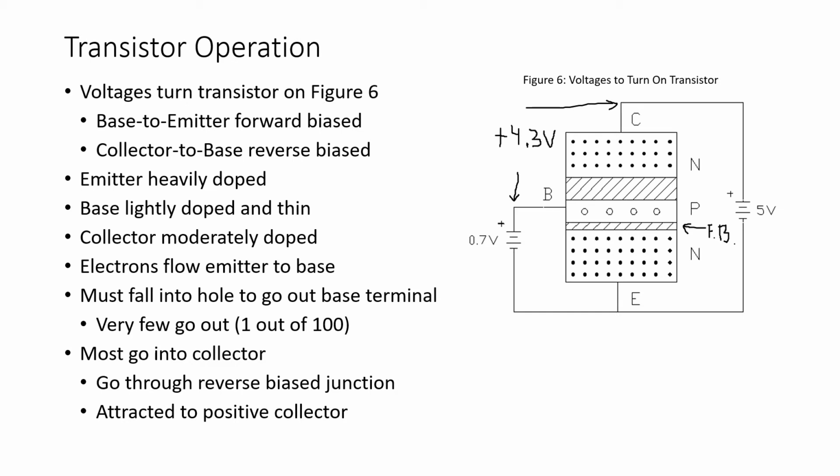So the collector with respect to the base is reverse biased, which makes this PN junction right here be reverse biased. And again, as illustrated in figure 6, this depletion region becomes very wide.